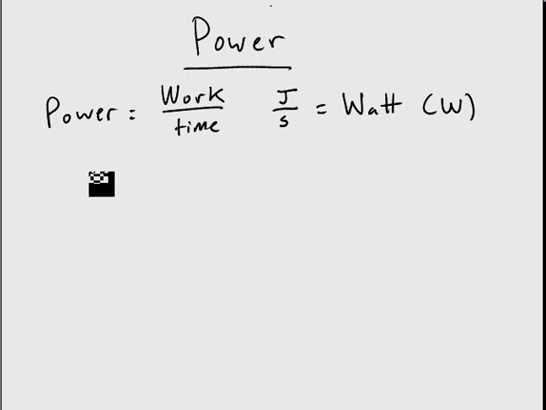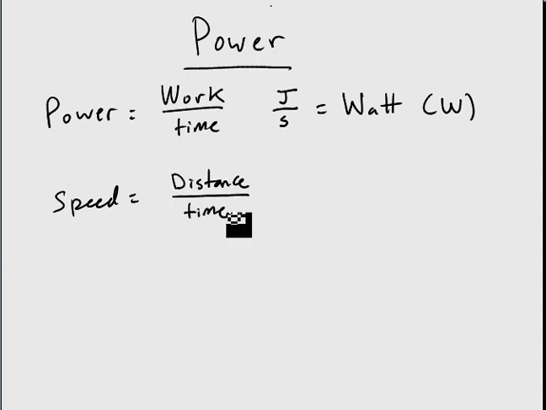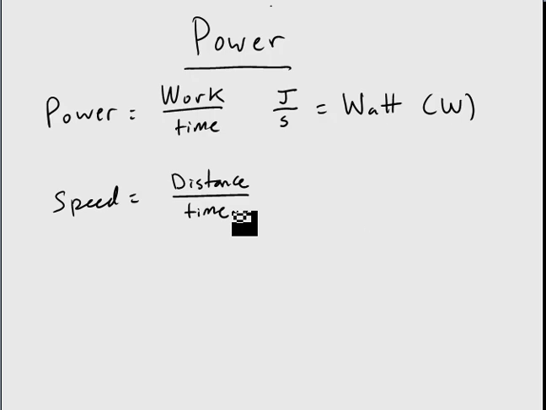So power is very similar to speed in a certain way. Remember that speed was kind of the distance that you traveled and however long it took you to travel that distance. So I could say, well, I went 100 meters, and you could say, yeah, I went 100 meters too, but we could have very different speeds, right?